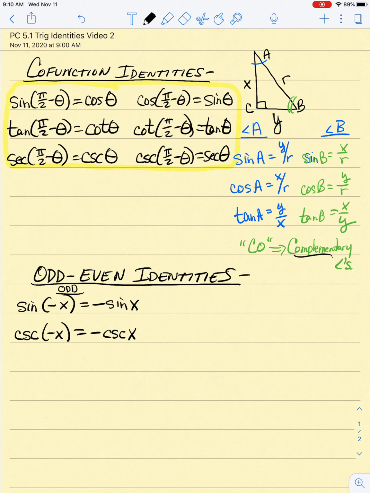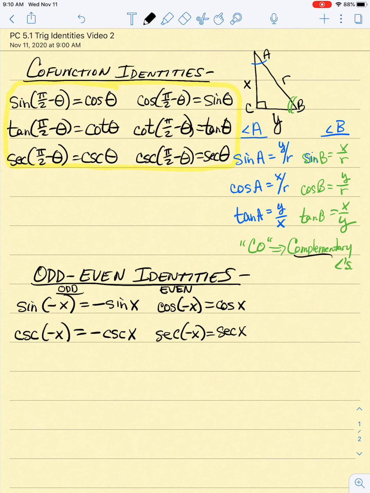Even functions happen to be your friend the cosine. So cosine of negative x is just cosine x, no sign change. If that's true for cosine, it also works for secant. Again, even functions come out to be the same as the original function.